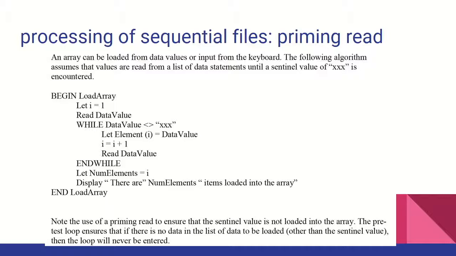It's reading the values, so it's actually going to be reading a pre-loaded array, which means we can then add the next number in. The use of a priming read to ensure that the sentinel value is not loaded is done here as well. So we get a pre-test loop, a pre-test query that doesn't run the sentinel value.